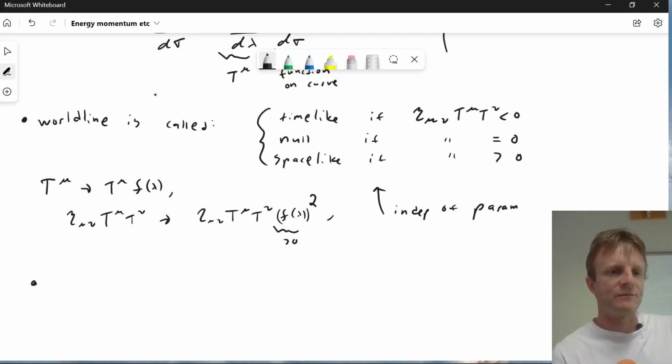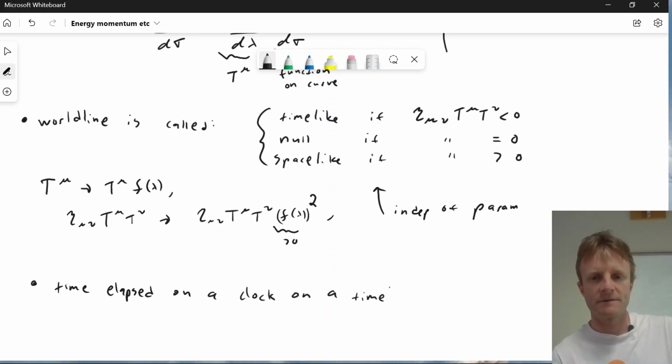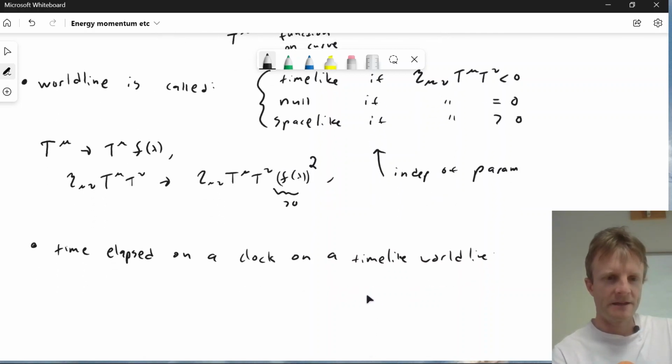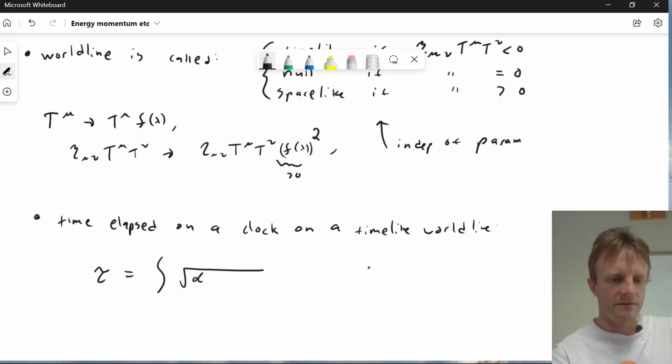So that's a good definition. Another one we gave before was time elapsed on a clock moving on a time-like curve, world line. So that's messier, but I think it's worth the speed gain. So we had a formula for that. It said tau was the integral of the square root of, let's write it more nicely.